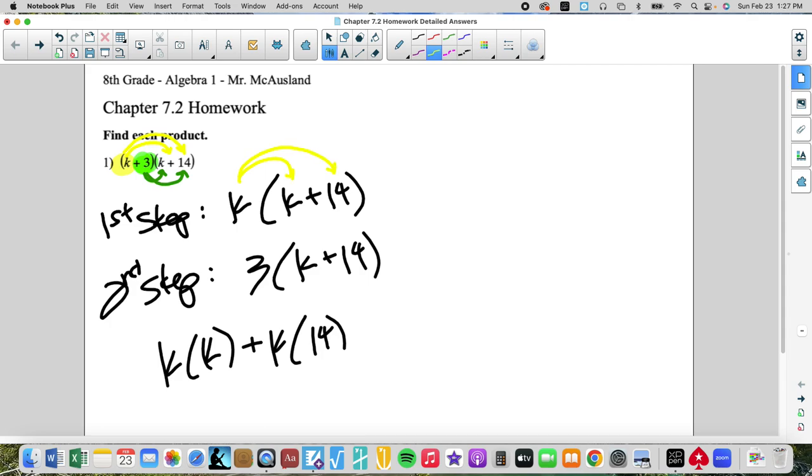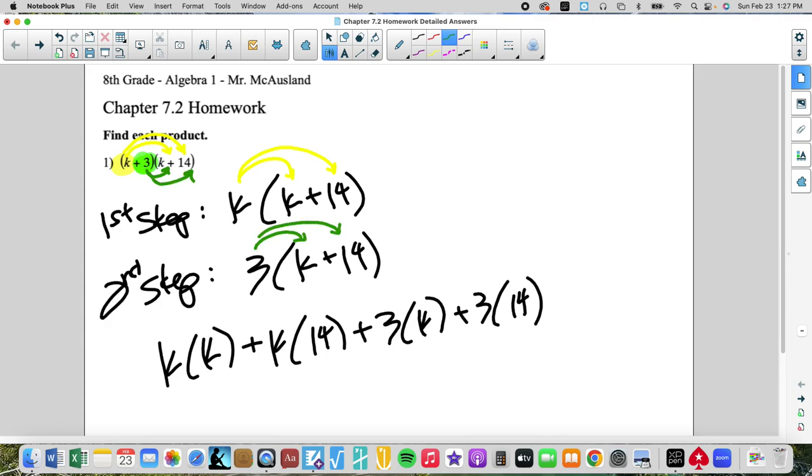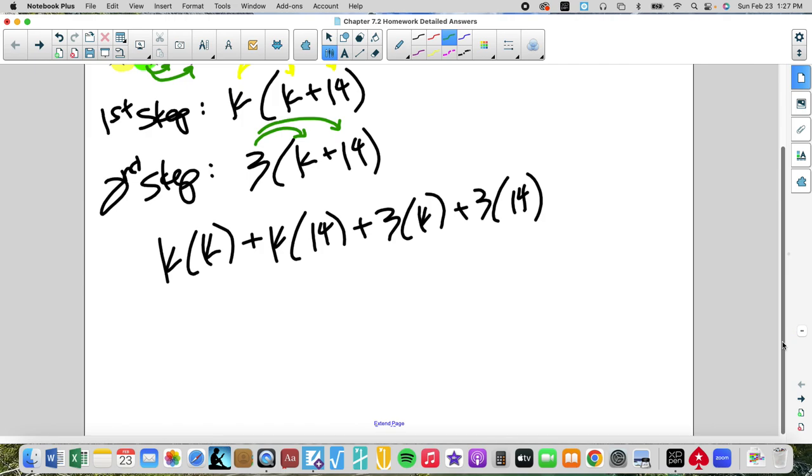And then we're going to do the second part of that distribution, which is distribute the 3. That's 3 times k plus 3 times 14. And if we look at that, that's just like this second distribution. And that's this distribution. So we're just putting it in one line, and we would get that.